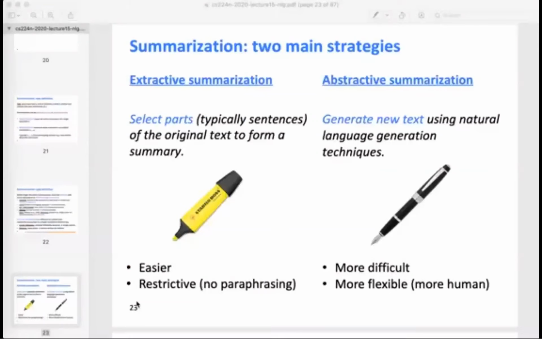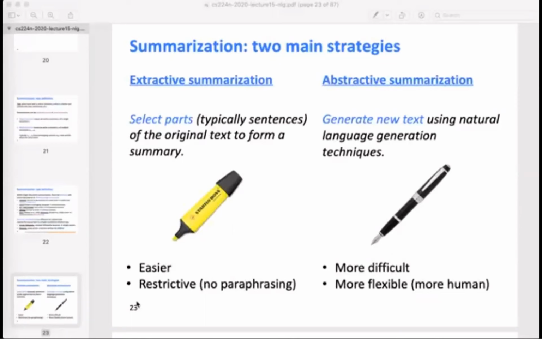It's very easy, but it's actually really restrictive. As humans, we know how to generate summaries and rephrase them with our brain, right? So when you're just extracting from the original text, it limits your ability to do that.